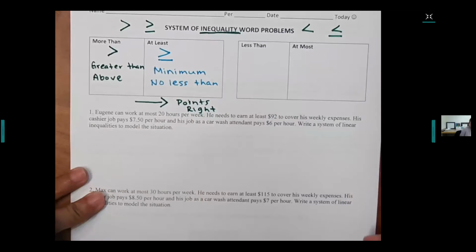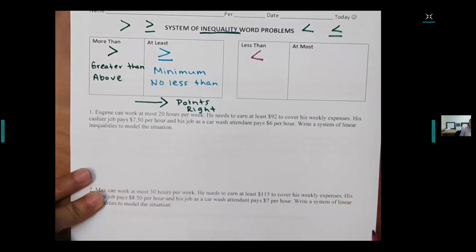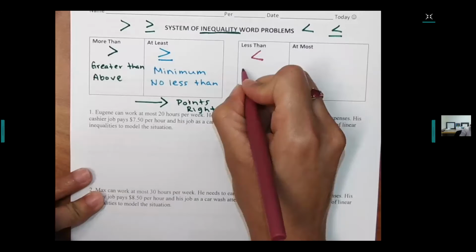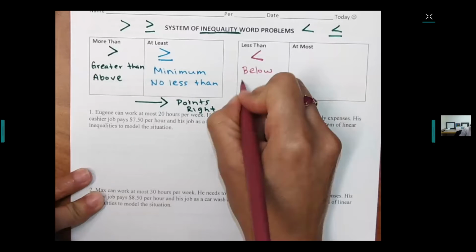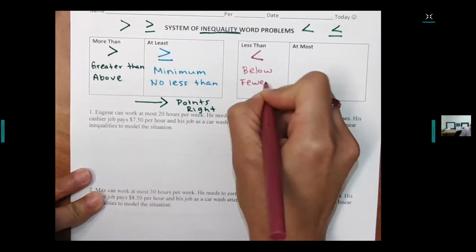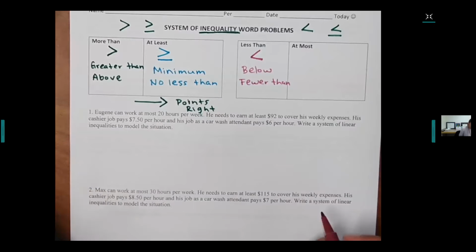Less than. Less than means this symbol here. This is a symbol for less. Another way that you could see it in a problem, you could see the word below, or you could see fewer than, right? Just other variations of the word.